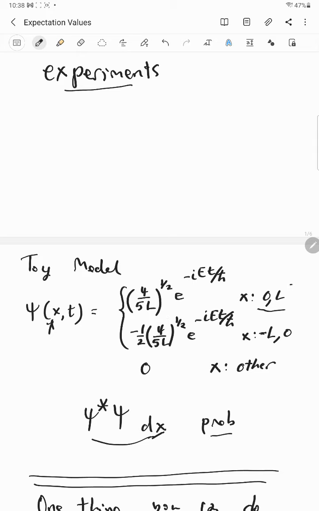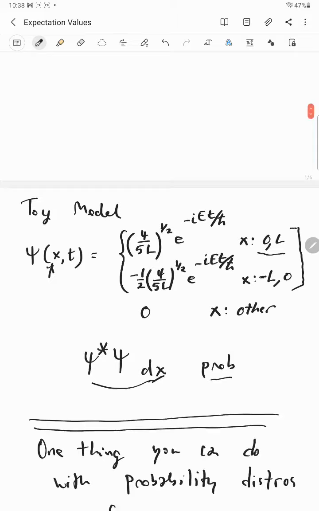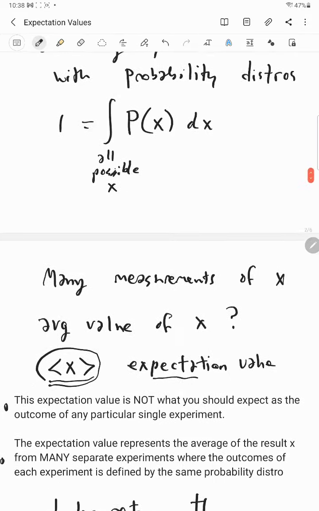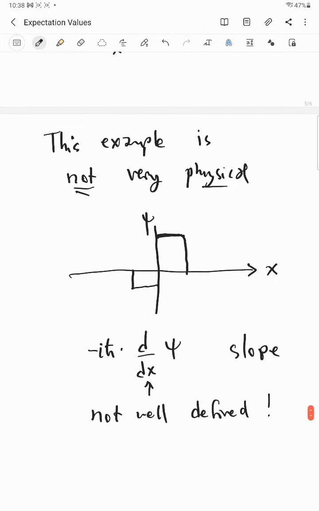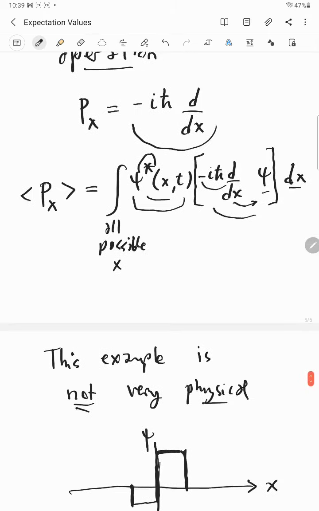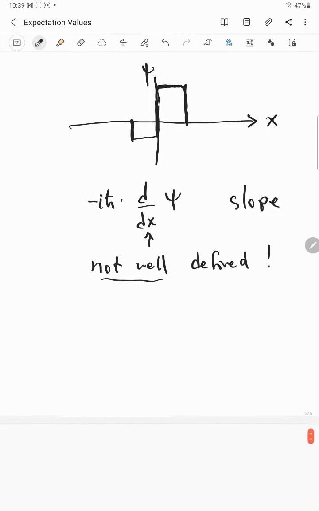But there is this dependence on x because it's piecewise defined, and the transitions between the piecewise definitions include slopes that are infinity. Here's an infinite slope. I've got a rise over a 0 run. So this toy model is not a good example to try to use the momentum operator.